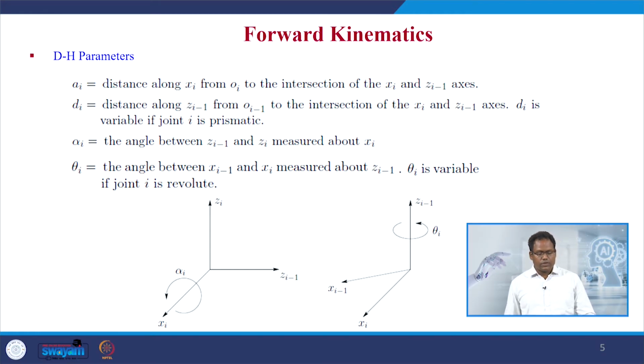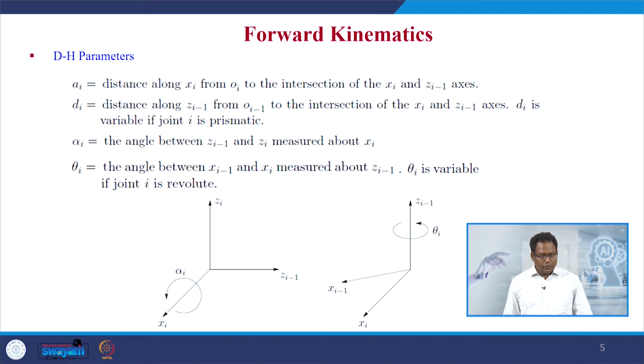ai is the distance along xi from Oi to the intersection of xi and zi minus 1 axis. Similarly, di is the distance along zi minus 1 from Oi minus 1 to the intersection of xi and zi minus 1 axis. di is the variable if the joint i is prismatic, whereas in the case of revolute joint, di can be a constant.